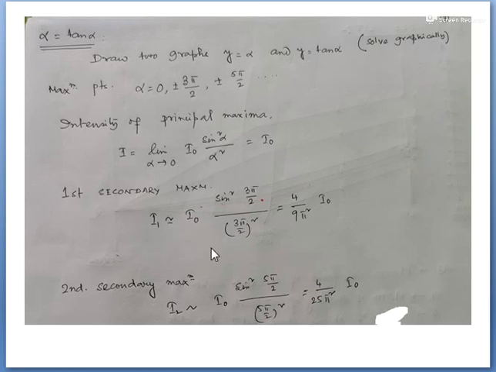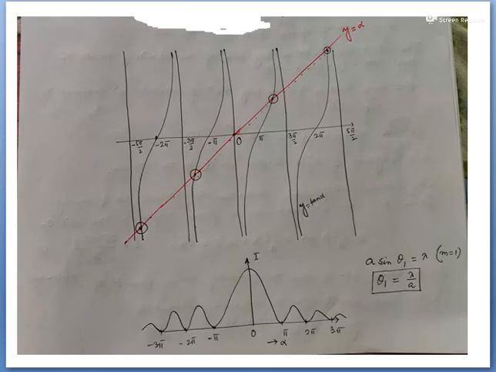Now how can you draw this curve? In this picture, these are the curves of tan alpha. Tan alpha is undefined when alpha equals m pi by 2. At the points where alpha equals 3 pi by 2, 5 pi by 2, tan alpha will be either plus infinity or minus infinity, so undefined.